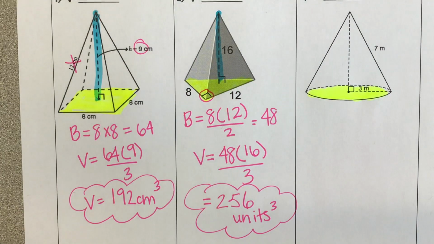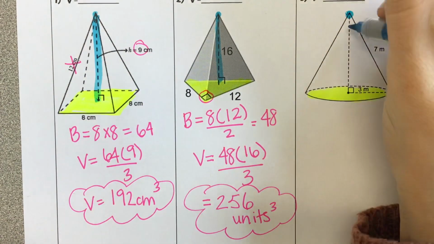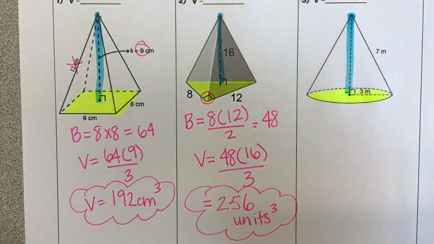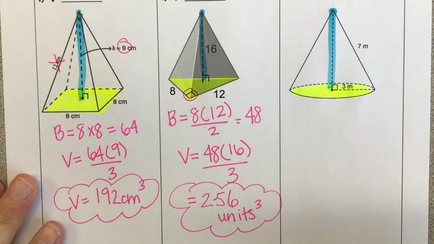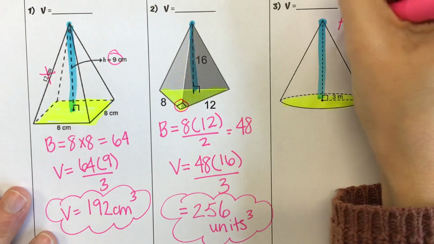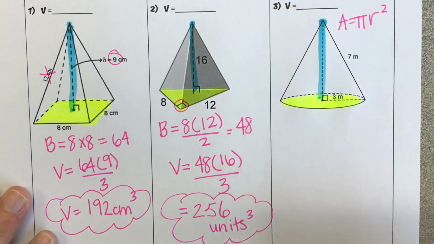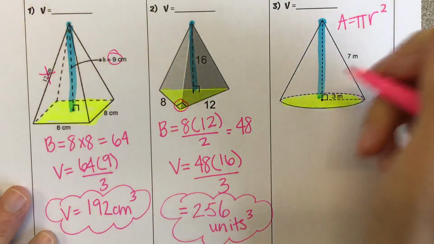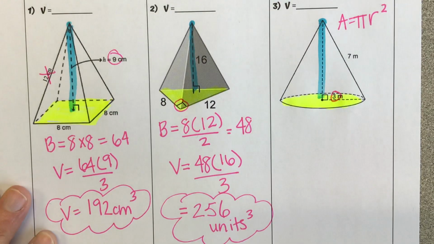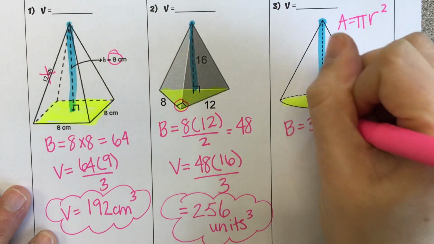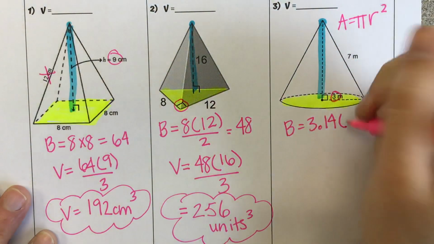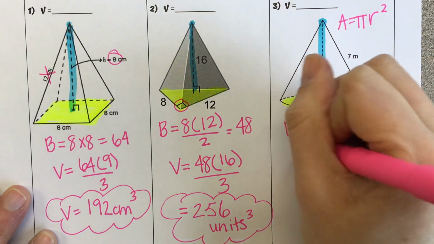So I see my circular base on the opposite side of this point, and I see that they connect right here. So for my area of my base, not forgetting that for circles, our formula is pi r squared. We are given the radius here of 3. So my formula for my base is going to be pi, so 3.14, times our radius of 3 squared.